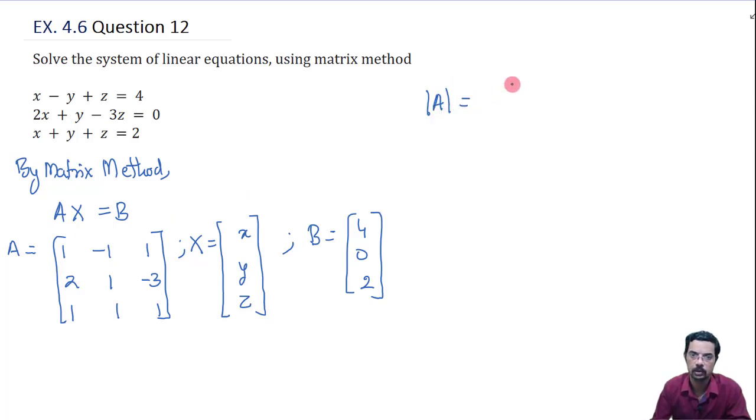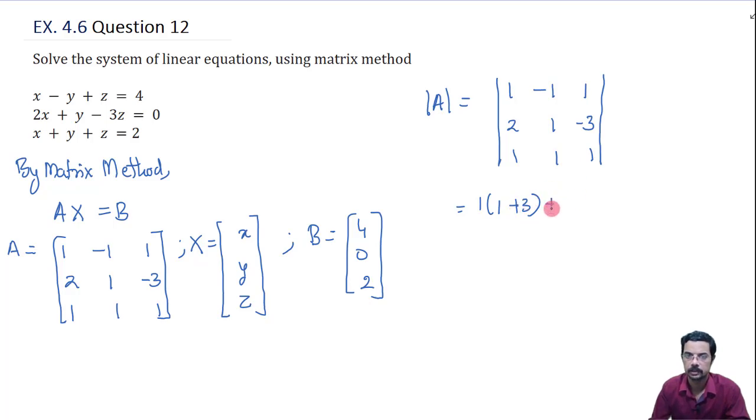Determinant of A will be equal to, we write down the determinant 1 minus 1 1, then 2 1 and minus 3, then 1 1 and 1. Find the determinant. That will be equal to 1 into (1 minus 3, that is plus 3 now), then minus of minus 1 will become plus 1 into (2 ones are 2 plus 3), plus 1 into (2 minus 1).